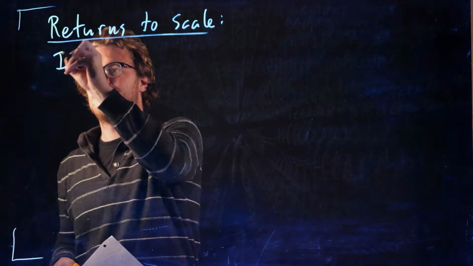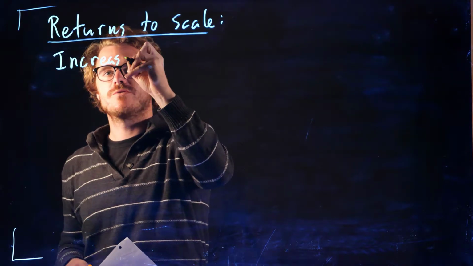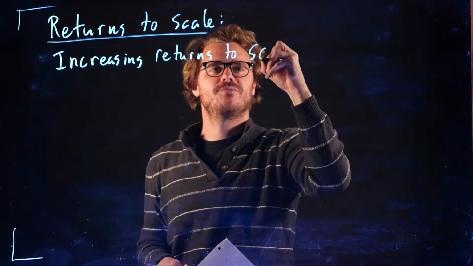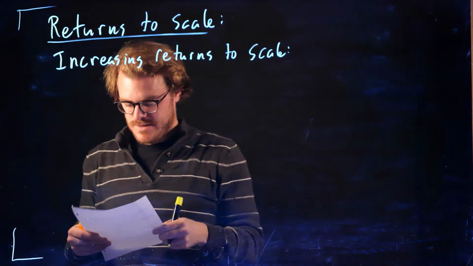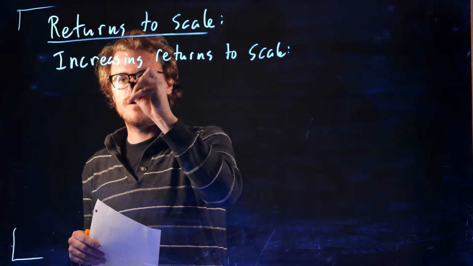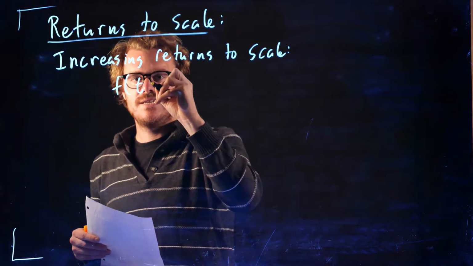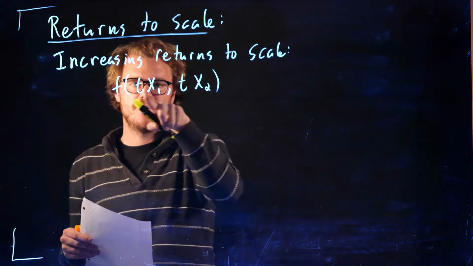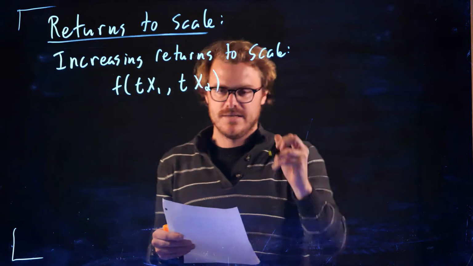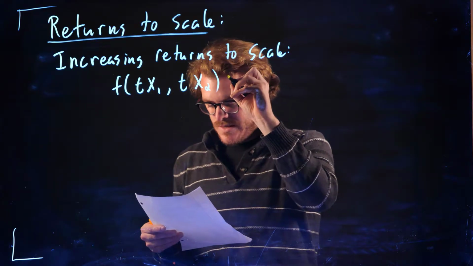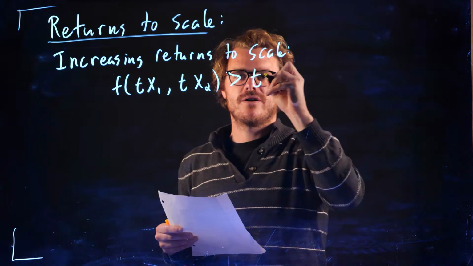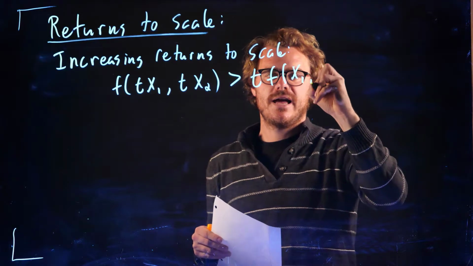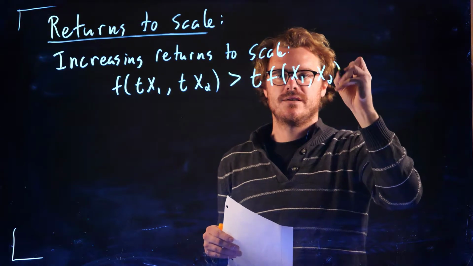All right, so let's write out what having increasing returns to scale means mathematically, and explain what it means intuitively. So here, f of t times x1, t times x2, so scaling up the amount of inputs by some constant factor t, is greater than t times f of x1, x2.